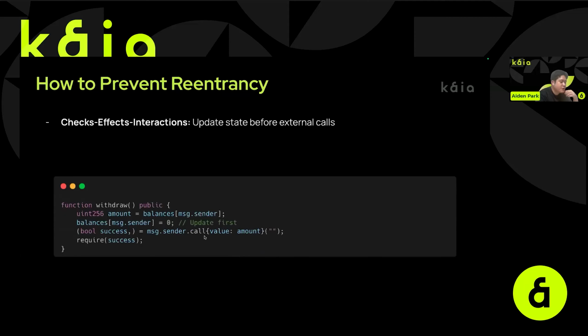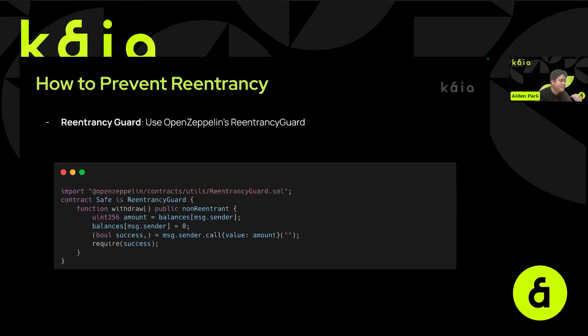Then even if you re-enter this contract after transferring the amount, the balance is already zero, so you cannot drain the funds here. So this is called the checks-effects-interactions pattern. You first check the requirements, then apply the effects like setting the balance to zero, and then the interaction, which is calling the external contract. That is the basic pattern for preventing reentrancy.